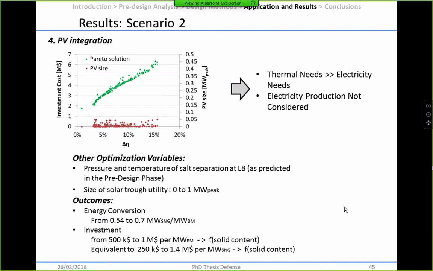In this case, starting from 1 megawatt of biomass, it was possible to convert up to 540 to 700 kilowatts of synthetic natural gas with an investment in the same order of magnitude. For some solutions, it's even lower because we save cost on the trough receiver, and because the cost of the storage is not so impactful as it is for the thermal power.